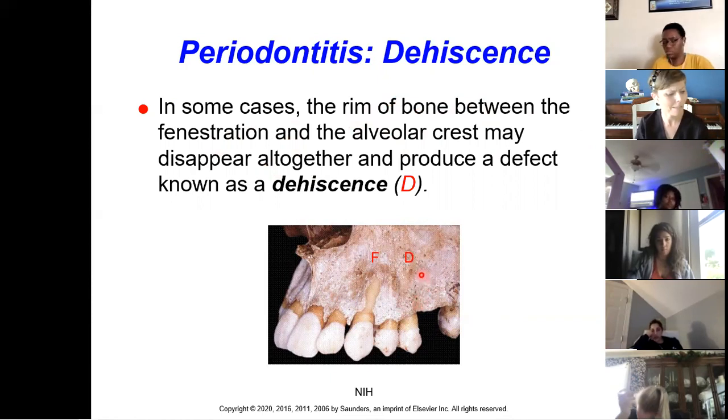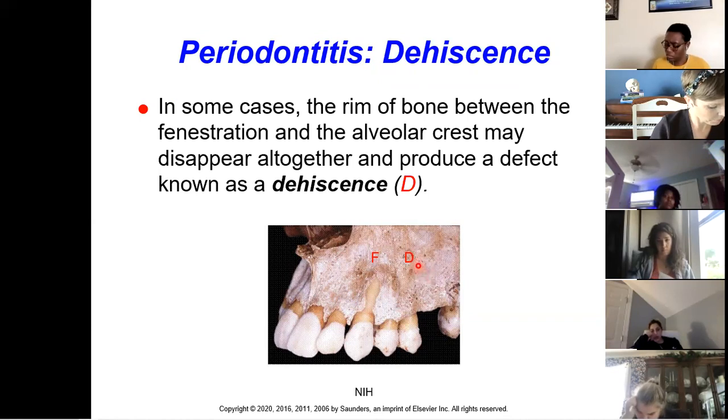I might have to look at that again, how that is considered. Dehiscent all the way up there, because the rim of bone between the fenestration and the alveolar crest disappears altogether, producing a defect. Okay.